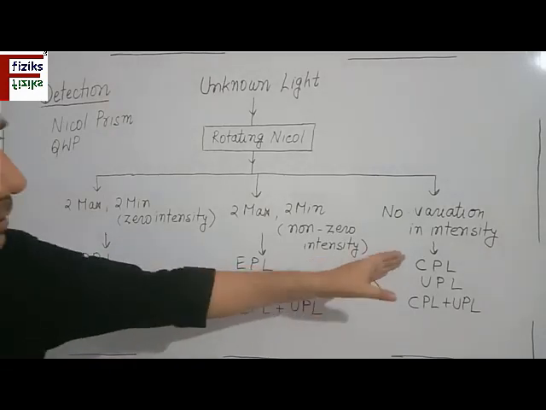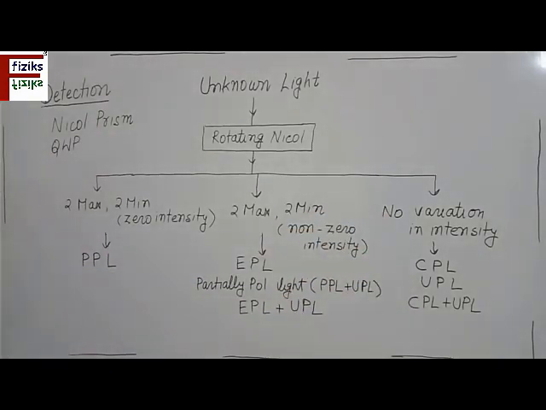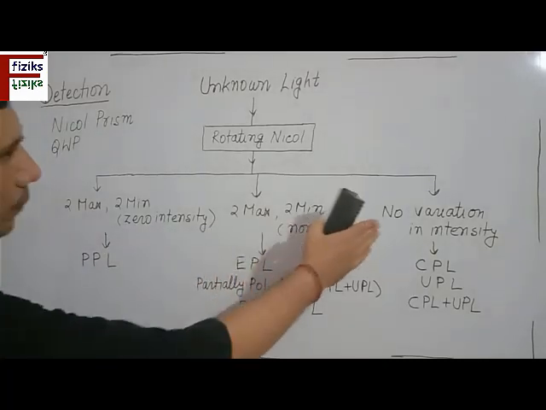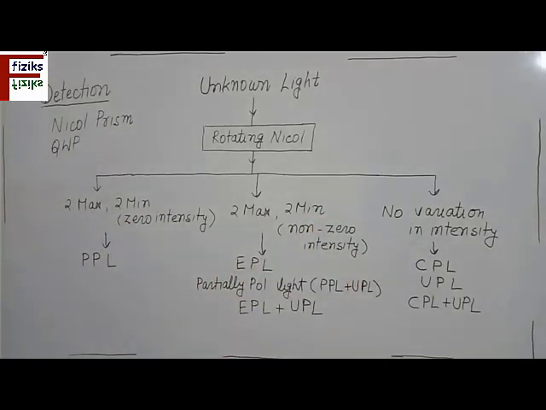And a similar case is here, when there is no variation in intensity on the other side of the rotating Nicol. So I am going to discuss all these three cases one by one. First we will start with plane polarized light, then we will move to no variation in intensity, the third case, and then we will come to the second case, when we are getting two maxima and two minima with non-zero intensity.